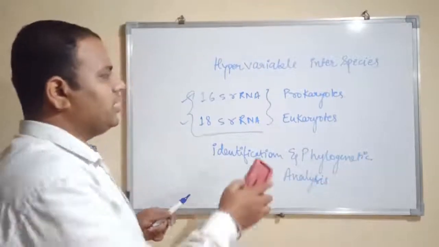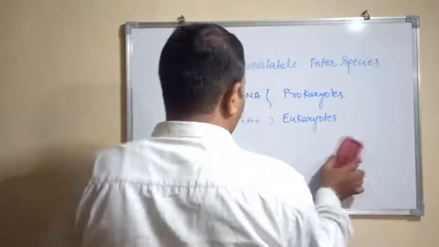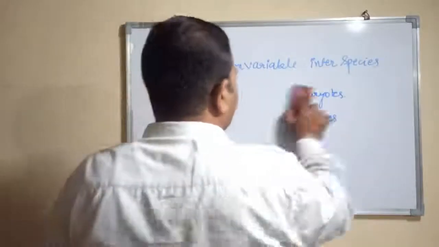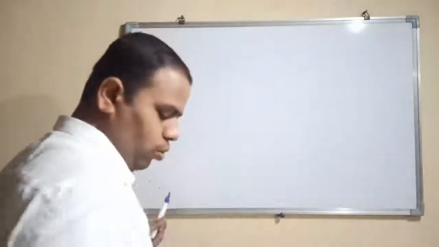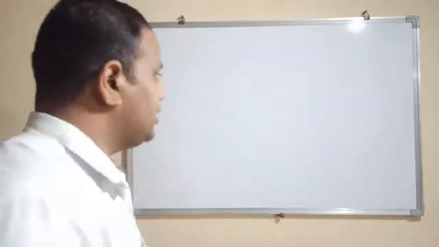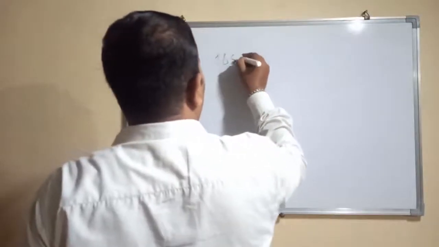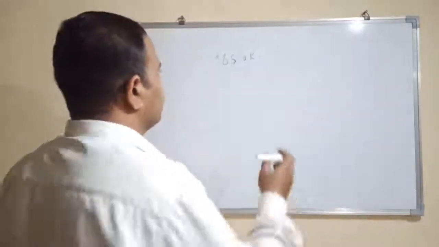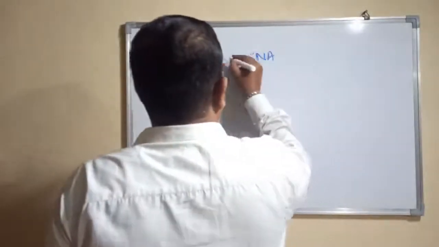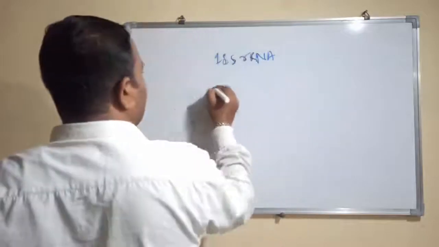Okay, so now let us see in detail the 18S rRNA sequence. Here the 18S rRNA sequence has two roles.